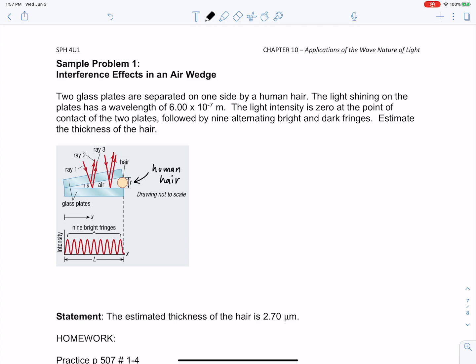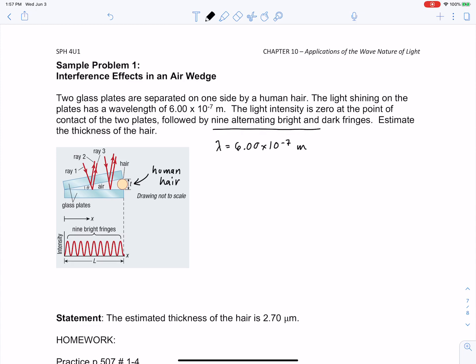The light shining on the plates has a wavelength of 6 times 10 to the power of negative 7 meters. The light intensity is 0 at the point of contact of the two plates, followed by 9 alternating bright and dark fringes. So this entire length, which we'll call L, is composed of 9 bright and dark fringes, each with a distance of delta x.